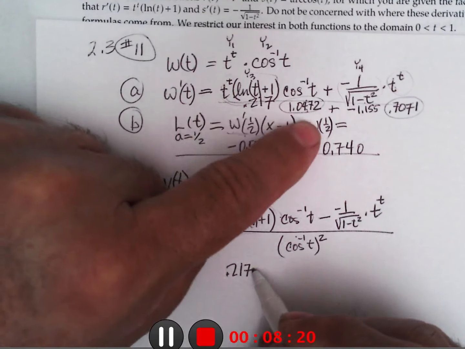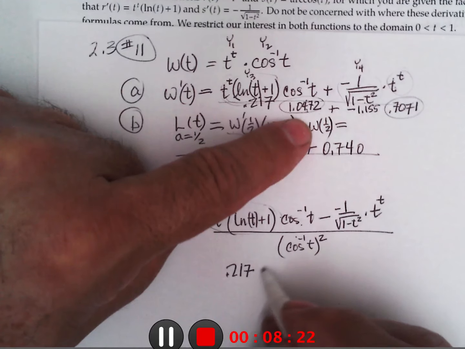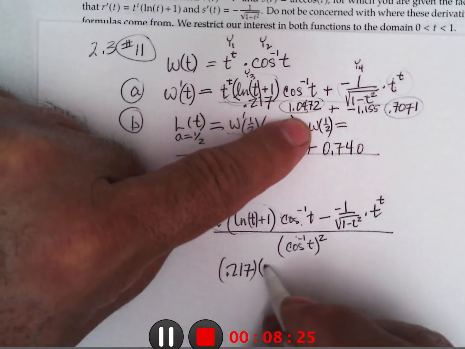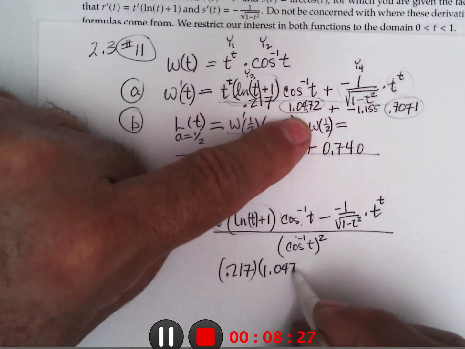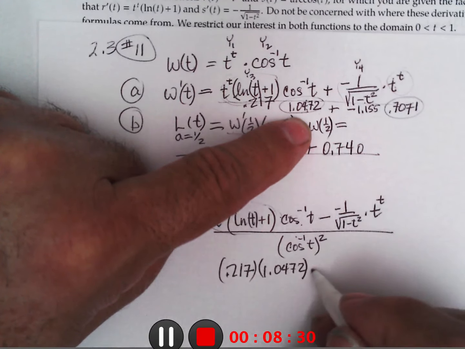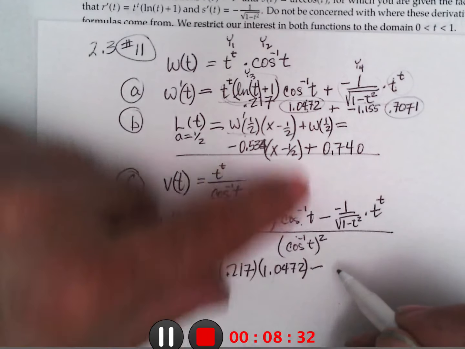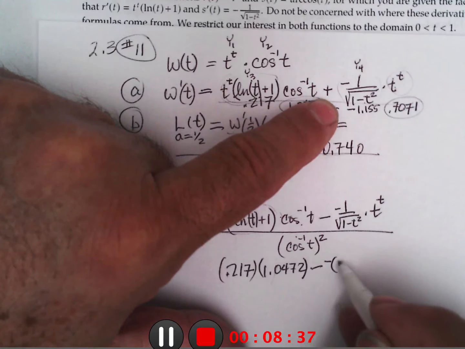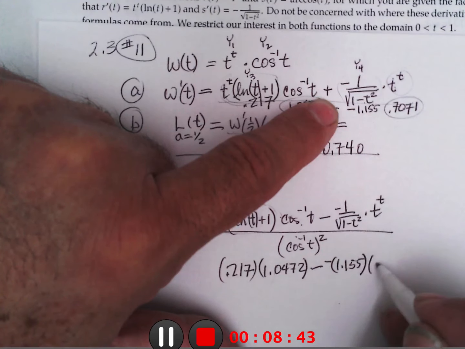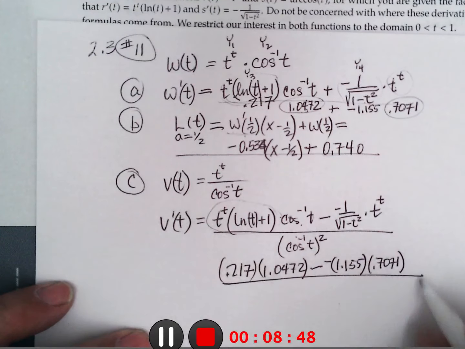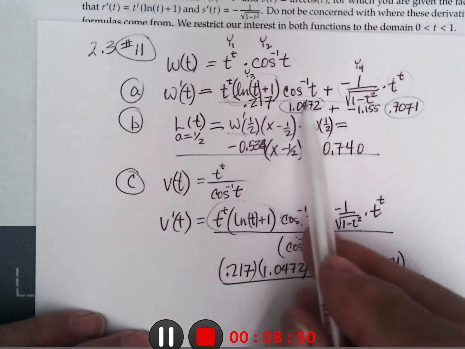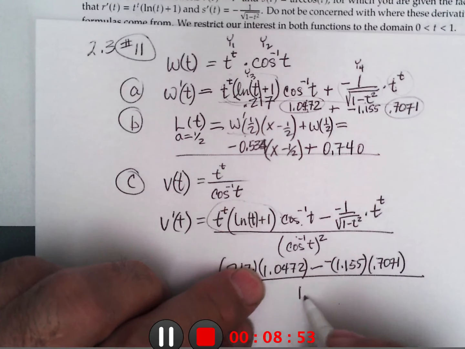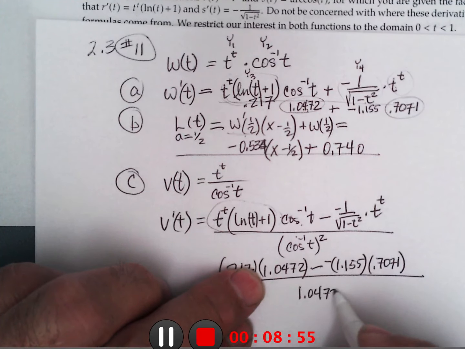Cosine inverse is 1.0472, and now it's minus, and this quantity is negative 1.155 times 0.7071, all divided by the cosine inverse, which is this 1.0472 squared.